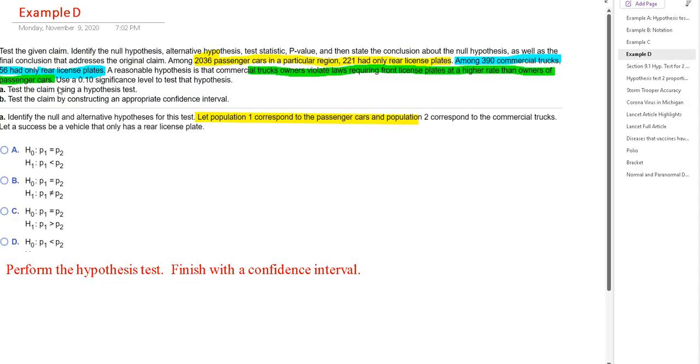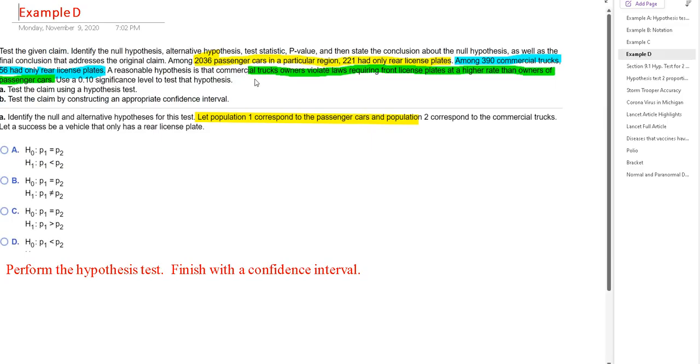Now we've got to be careful with how we set this up. To me, it makes sense to use P sub T for P sub trucks versus P sub C for passenger cars. You can use other things if you want, like P1 and P2. You just have to keep track of what is where.